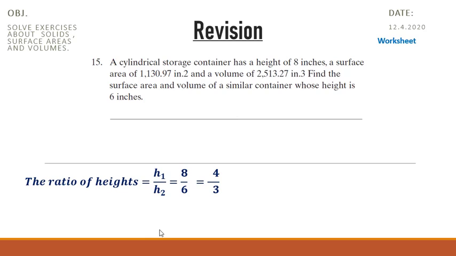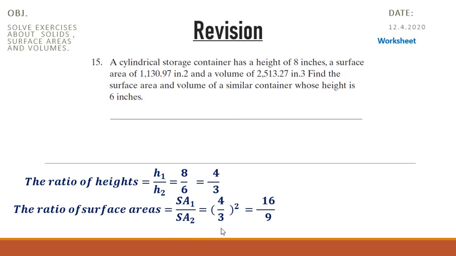So 4 over 3, and then equals, wait, can I just read the question? Okay, the question is, what is the ratio of the surface areas, if the ratio of the heights, the dimensions, is 4 to 3. This is the dimension. What's the ratio of the surface area? It should be the square of this. Okay, great.